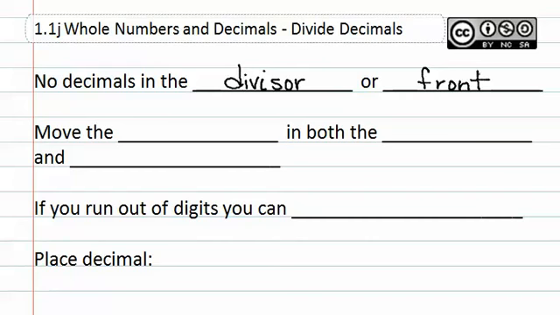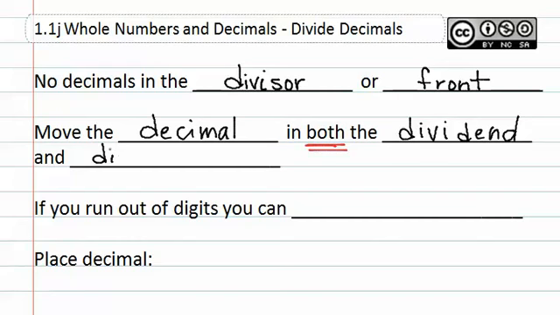What we must do to fix a number if it does have a decimal in the divisor, or the front number, is we must move the decimal in both the dividend and the divisor.